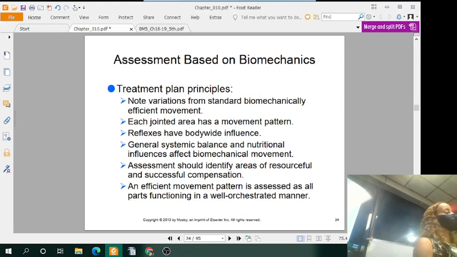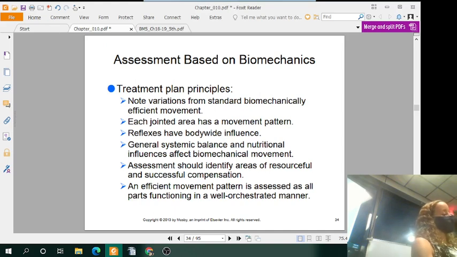So it's talking about intervention plans to meet a client's goals, supporting movement patterns that we find that are effective. It's still strong. It has a good range of motion, and then trying to work on balancing those that are not efficient, that are compromising the range of motion and fluidity of the joint.